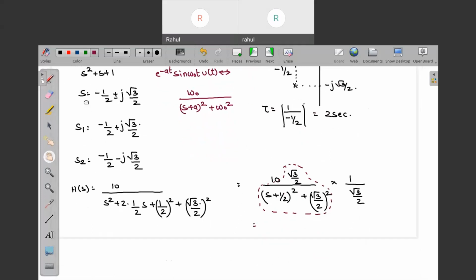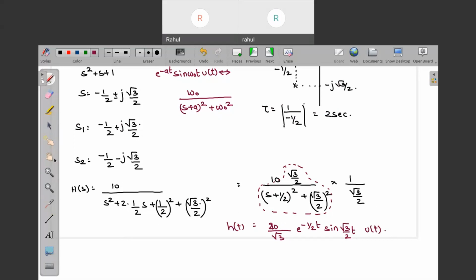If I take the inverse Laplace transform, this will be 10 divided by root 3 by 2. So let me take this over here: 20 by root 3, and this will be e to the power minus half t sine (root 3 by 2 t) u(t). This will be the expression for h of t.